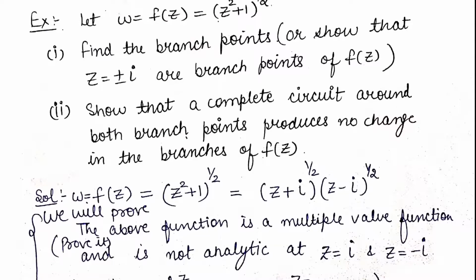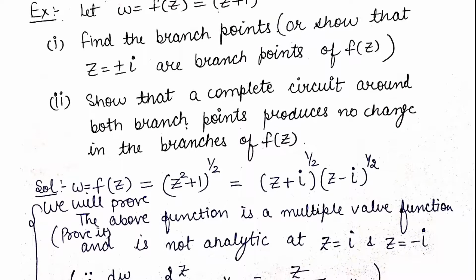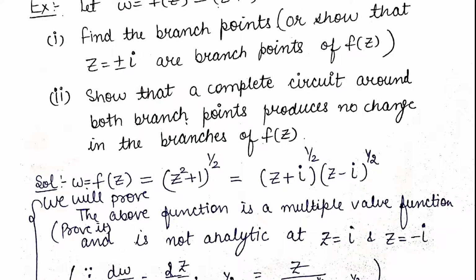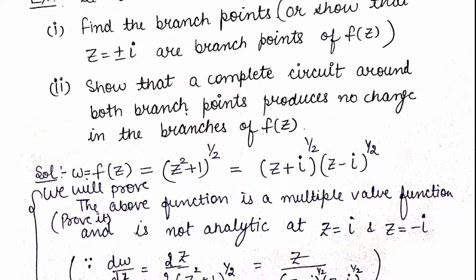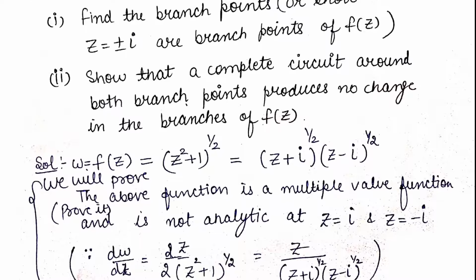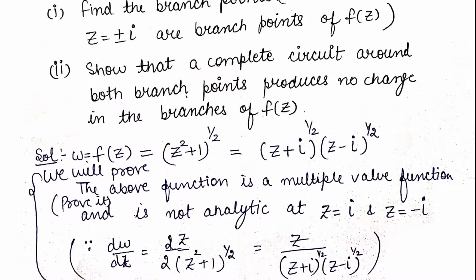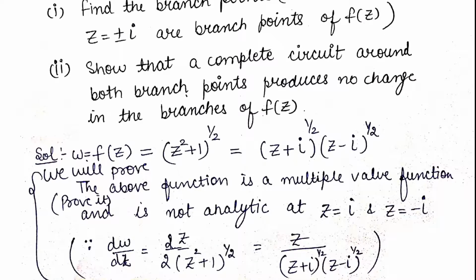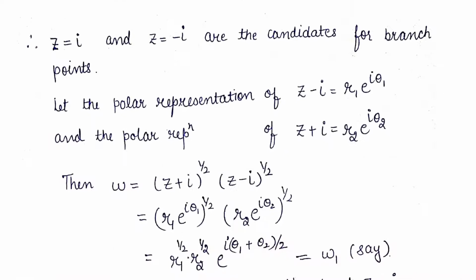Another approach is that you show that when you make one complete circuit around the point z is equal to iota, you are on a different branch of the function w is equal to f(z). That is, you are not getting the same value from where you have started. The argument changes.